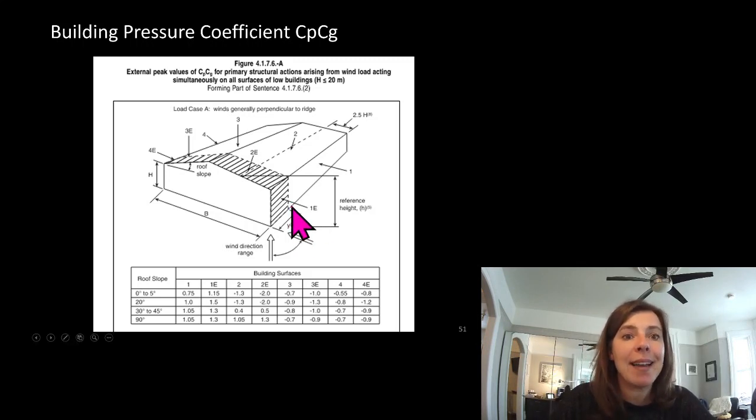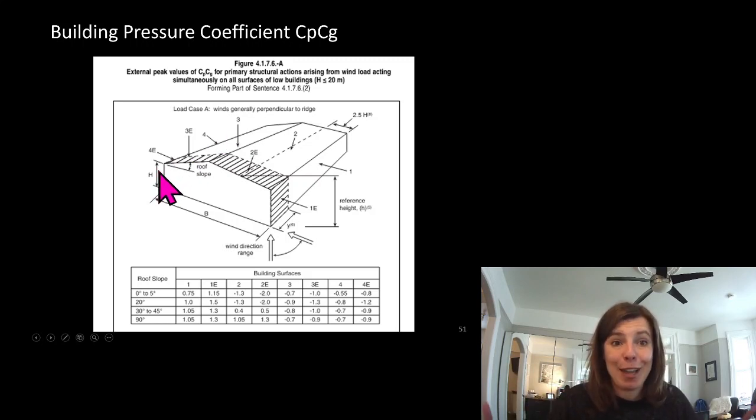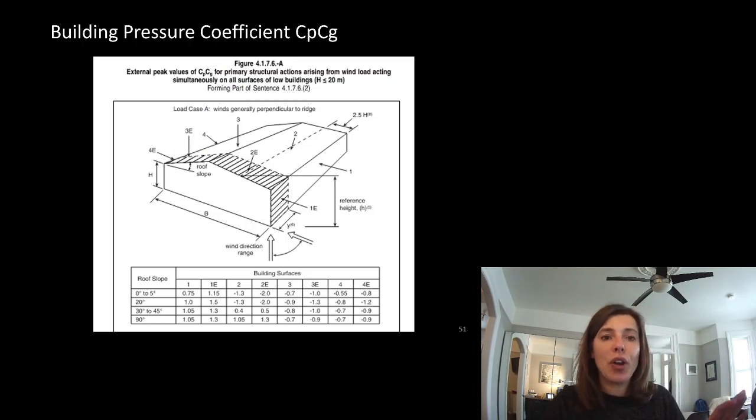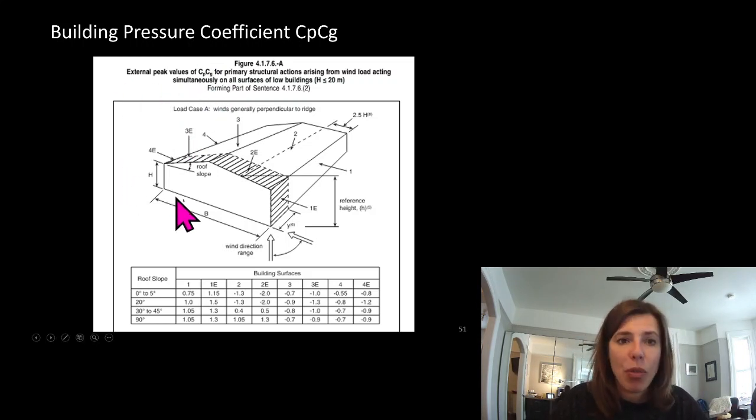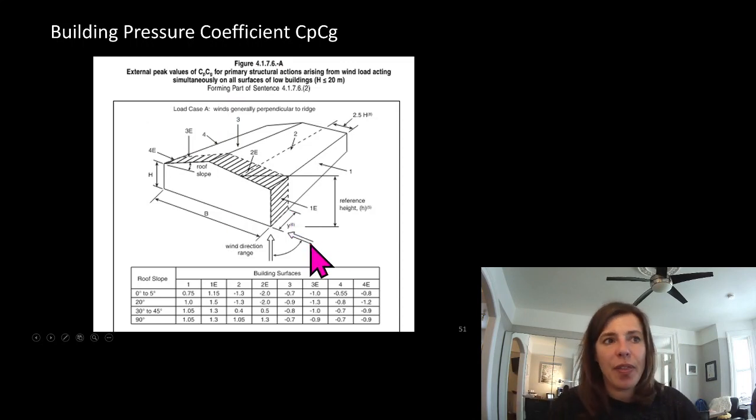So we have an end zone: our windward end zone, our roof windward end zone, our roof leeward end zone, and our leeward end zone. So now we have 8 different zones that have a different CP-CG factor. I know, there are a lot of acronyms here. We're going to go through a calculation, but you have all the reference material here to come back and look at.